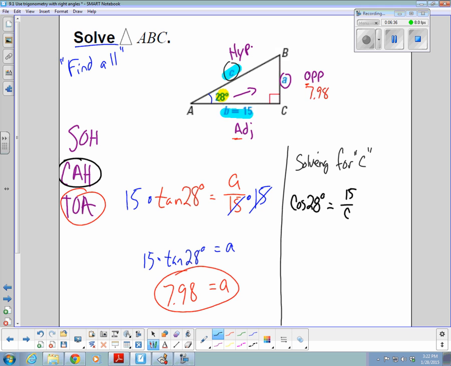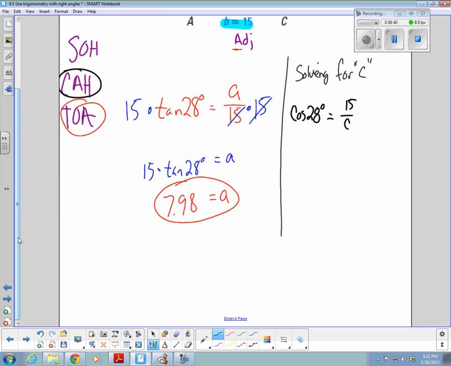Okay, so I'll solve for C. How do you solve for C? Well, if you're looking at this, the thing you don't like is you don't like this fraction. I can already see it on your face. I'm not even here, and I can see that you don't like the C from the fraction. So let's get rid of it. Multiply both sides by C. Okay, these C's will cancel. You're going to be left with 15 equals C times cosine of 28 degrees.